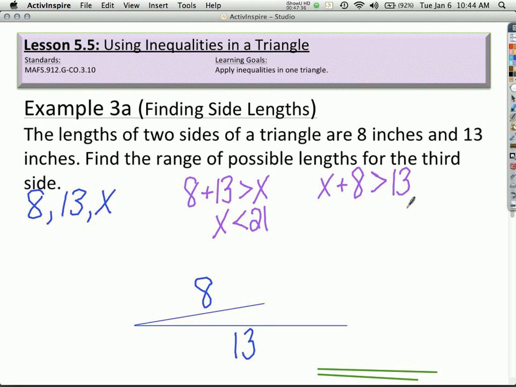So, solve that. What do we get? Nathaniel seems to be on a roll. What do we get? Okay. X is greater than 5. What if the x is in the middle?